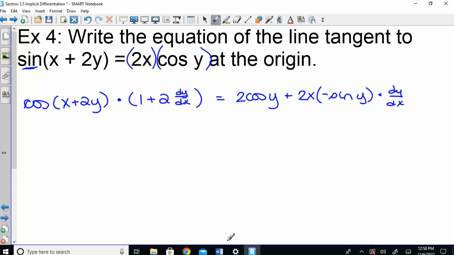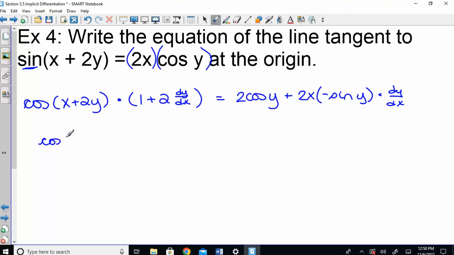Okay, so here's a suggestion. Did I ask you to find dy dx on this problem? No, I just asked for the equation of the tangent line, right? There is nothing that says you have to solve for dy dx before you plug in your point. So if it looks kind of ugly, the origin is what ordered pair? 0, 0. I could plug that in first.